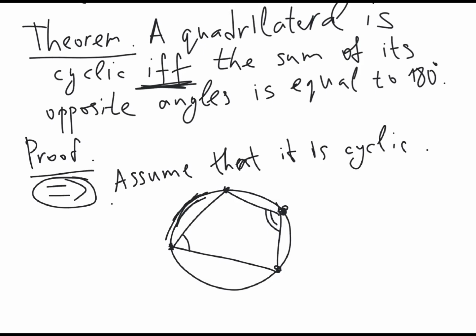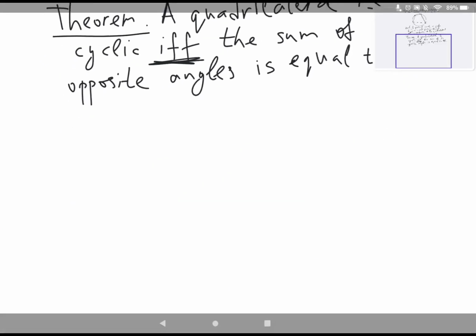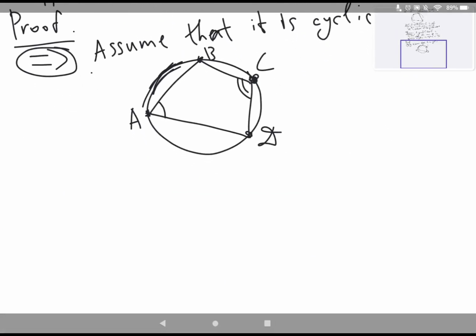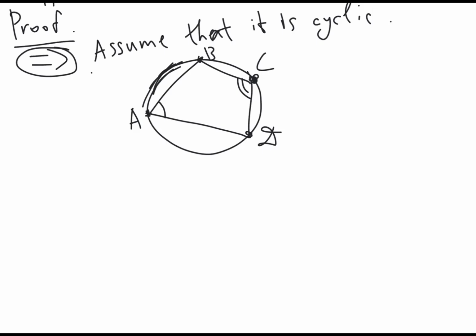Let's denote the vertices A, B, C, D. The angle A is equal to 1/2, it subtends the arc BD, right?